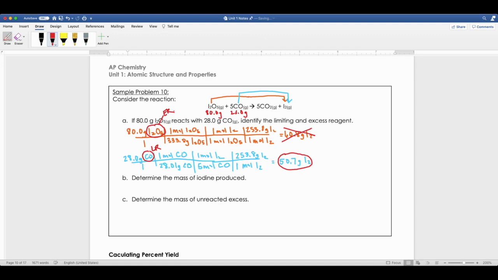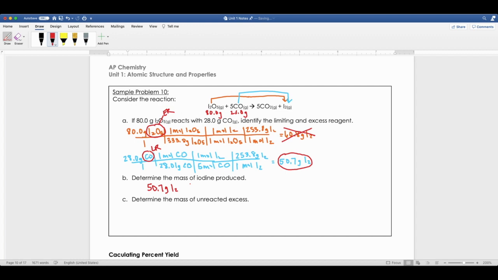Determine the mass of iodine that's produced. Again, we're going to produce the lesser amount. So in this case, I already solved that one, which is why I like to read ahead. And I have 50.7 grams of iodine. The next question is asking, determine the mass of unreacted excess. This is where a lot of students can have trouble, but again, if you know your stoichiometry and you understand this in your soul, then you could solve this problem.